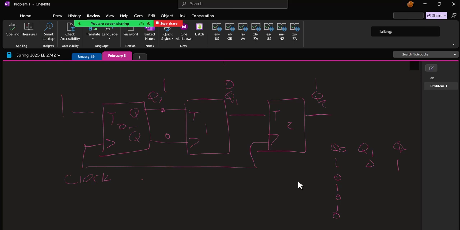Q1, when we get to this clock cycle, let's see, when this 1 changes to the 0, this will change to the 1, which would make this active, except now that's a 0 again.